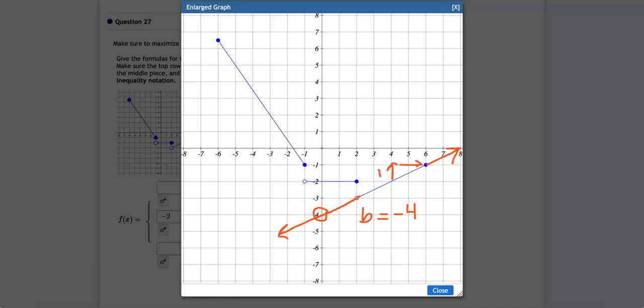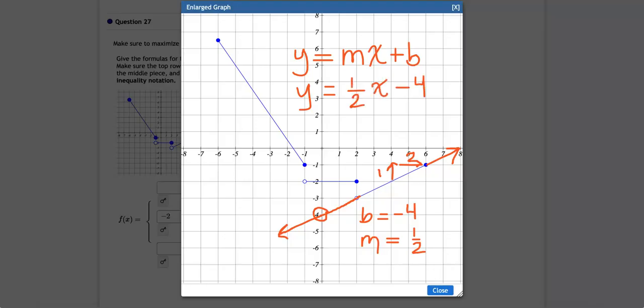So up 1 over 2. So the slope for this line is 1/2. So now filling in m and b to the equation y equals mx plus b, I get the equation y equals 1/2 x minus 4.